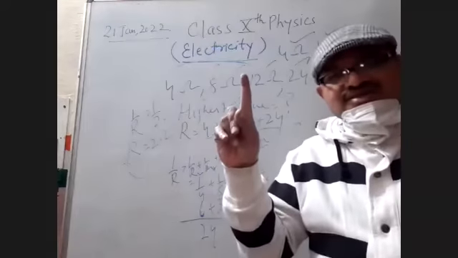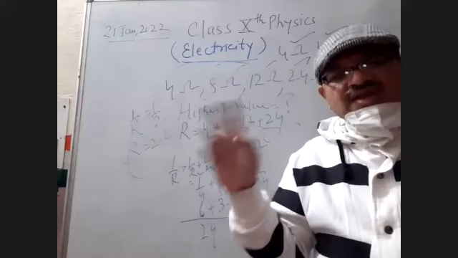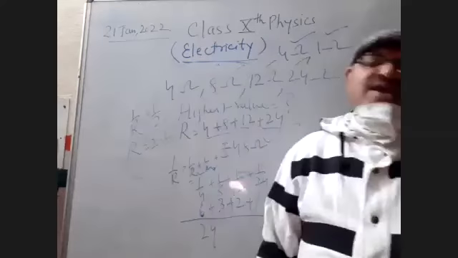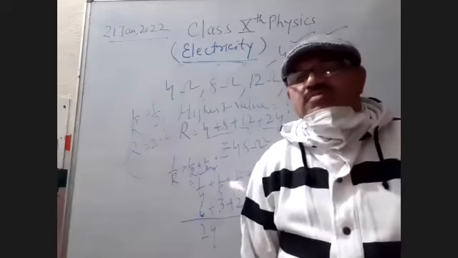Clear? First answer. Now, second answer: their value will be minimum when all the 4 resistances are connected in parallel. The first part is 48 ohm and the answer of the second part is 2 ohm.